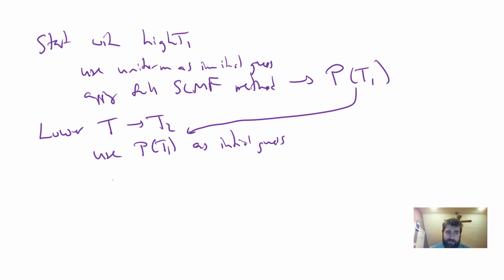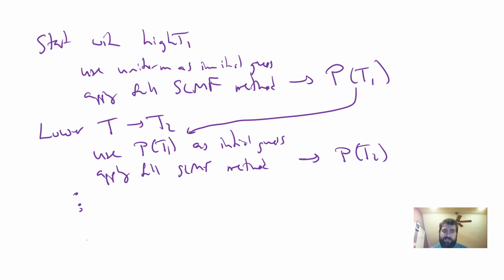And then apply the full SCMF method to get our probabilities at our second temperature. And we continue this until we get our final temperature probabilities at a low temperature.